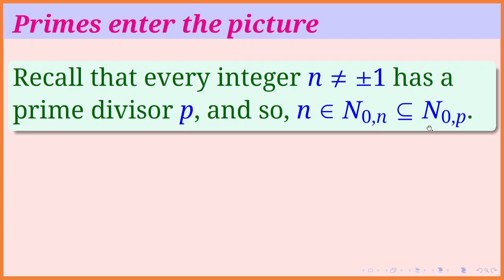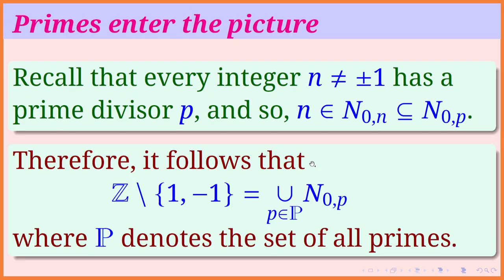Any multiple of n is also a multiple of p. So this is contained in this. So for every n, we have some p. Therefore, it follows that all the numbers different from plus minus 1 are actually inside this union, where small p runs through the set of all primes.